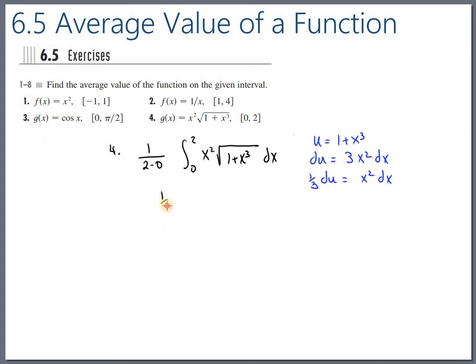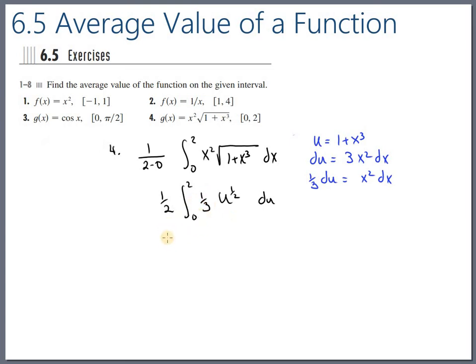So I've got 1/2 integral, and x squared dx is the same thing as 1/3 du. The square root of 1 plus x cubed is the square root of u, which I'm going to write as u to the 1/2. And we're ready to integrate.